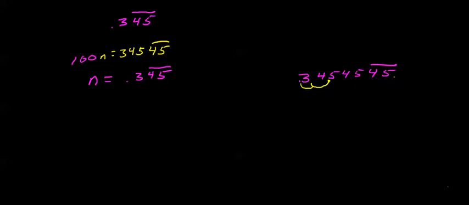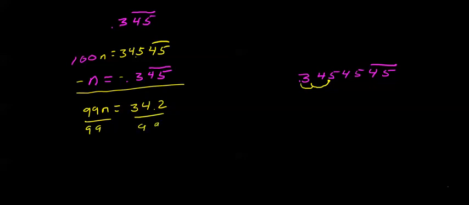All right, so the 45 is repeating. And now I subtract. I get 99n equals 34, 5 minus 3 is 2, 34.2, and the 45 minus the 45 cancels. So I divide by 99, and I have a fraction.